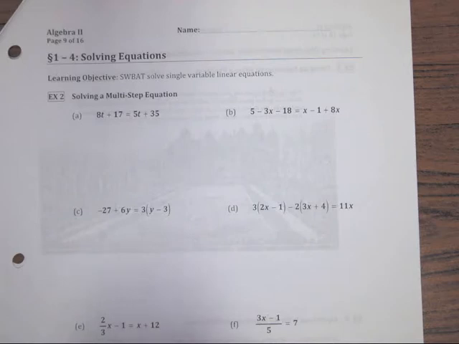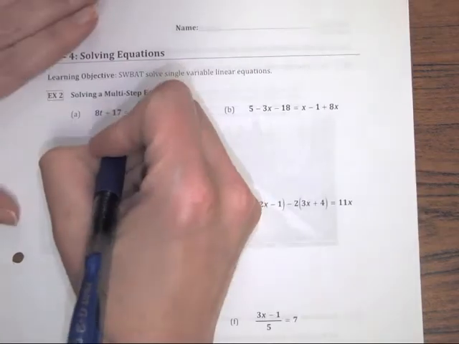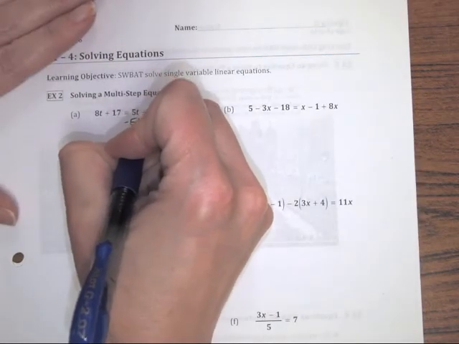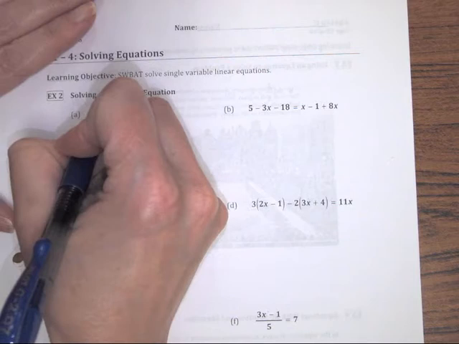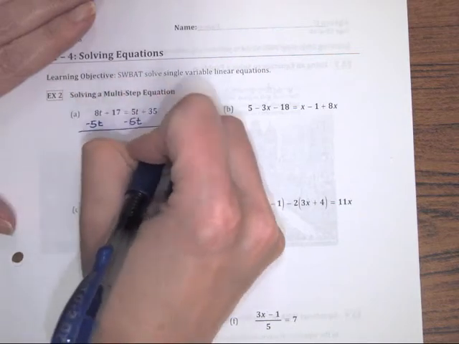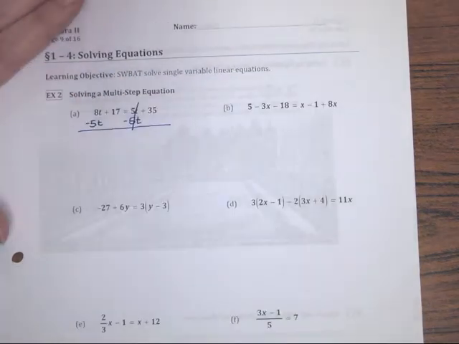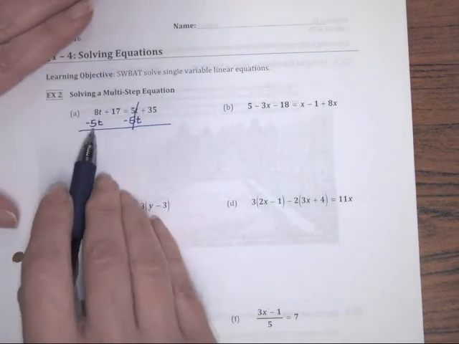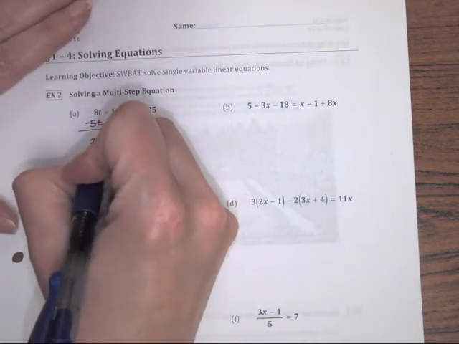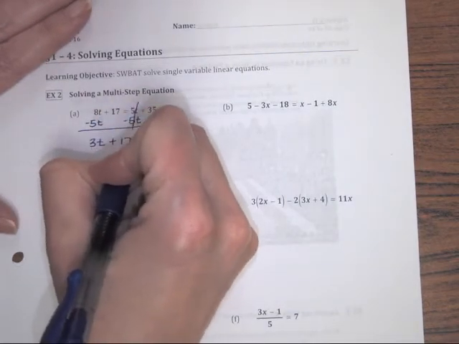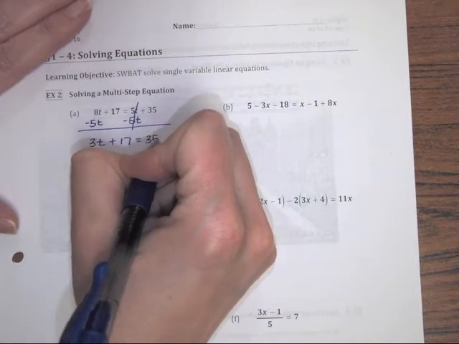All right, so first I want to get all of my t's on one side. Me personally, I like to put my t's on the side where I can make them positive. So I'm going to subtract 5t on both sides. That way these 5t's will cancel out, and 8t minus 5t leaves me with 3t plus 17 equals 35.